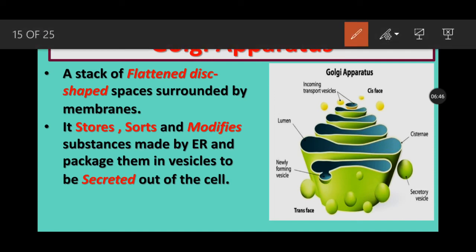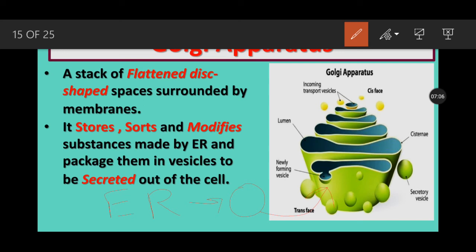As you can see, from this side it will receive the packages or vesicles that are sent by the endoplasmic reticulum.